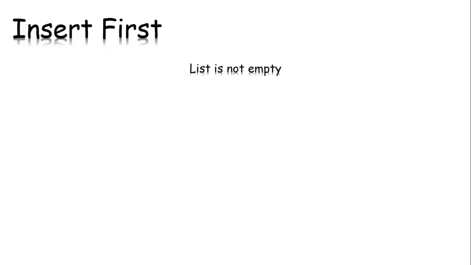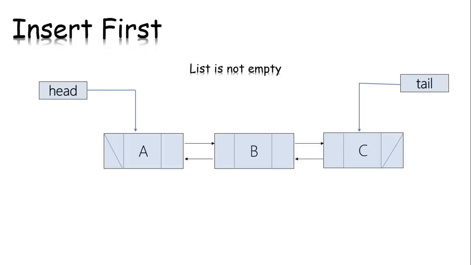Now let's see how to insert a node in the beginning of a doubly linked list when the list is not empty. The linked list looks like this: one pointer, head, points to the first node, and another pointer, tail, points to the last node.